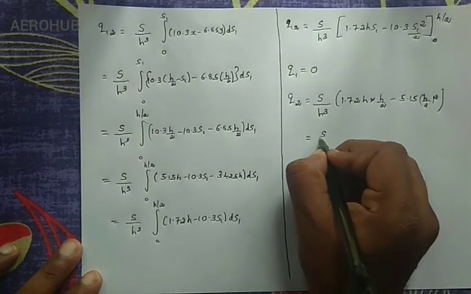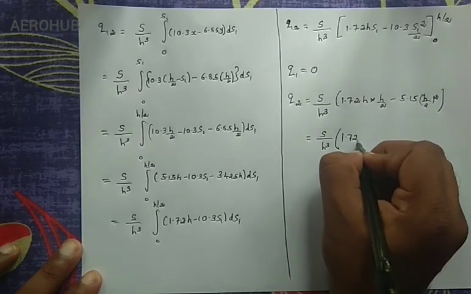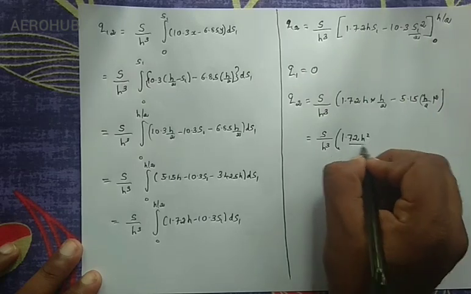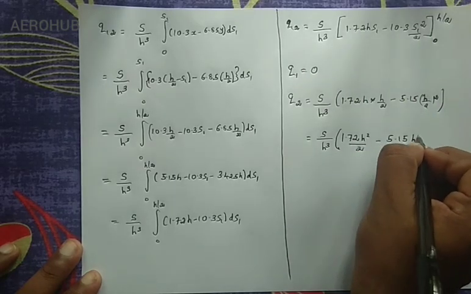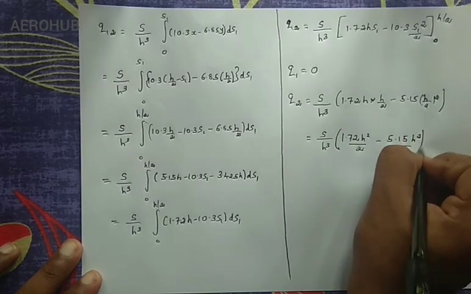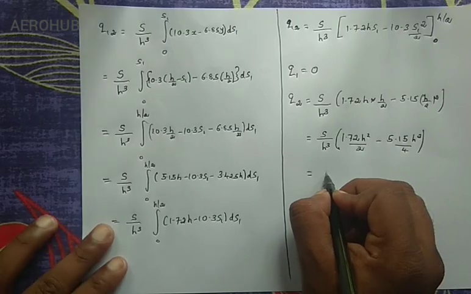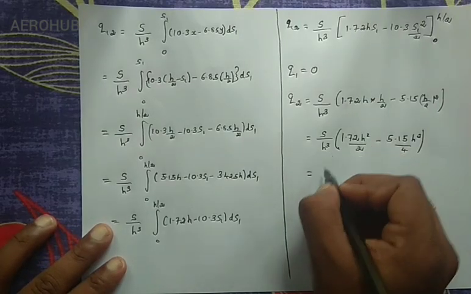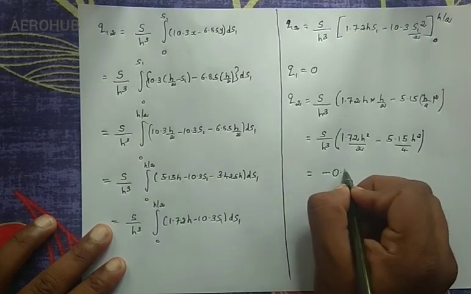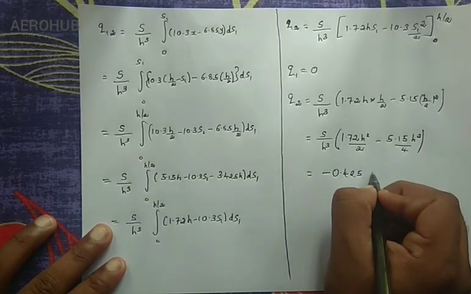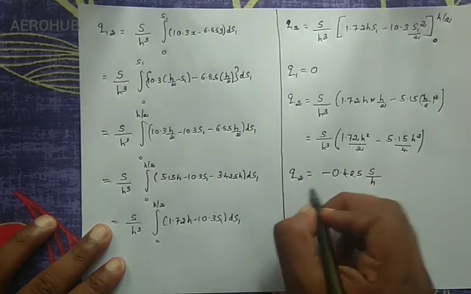So this will be S by h cubed times 1.72 h square by 2 minus 5.15 h square by 4. So finally I'll be getting, reduce this equation. We have h square here, I can take it out. So this will be minus 0.425 S by h. This is the value for q2.